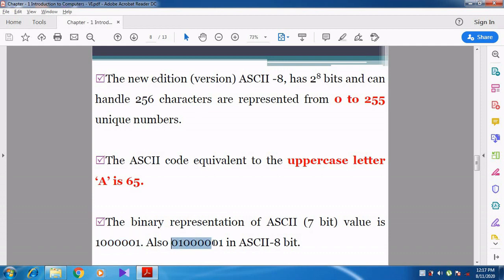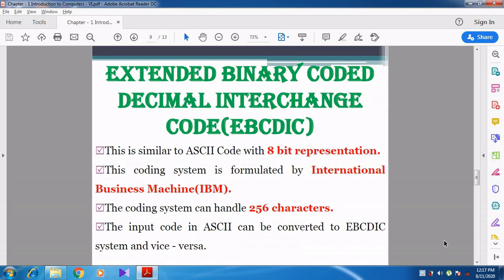If you represent it in 8-bit, how will it be? 01000001. Right? Here this one represents 64 and this one represents 1. So 64 plus 1 is 65. Right. So this is about ASCII, the ASCII encoding system.